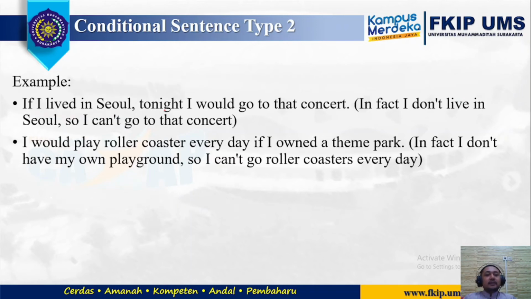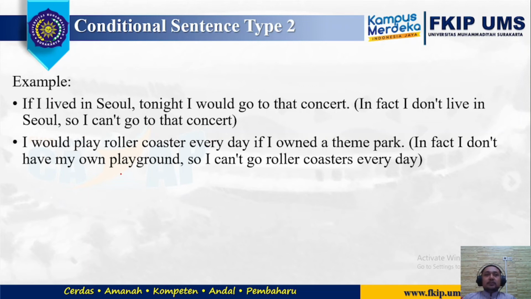Here is the example: if I lived in Seoul, tonight I would go to that concert. Can you imagine the situation here? Yes, I do not live in Seoul. That's the reality. And tonight, of course, it's impossible for me to go to that concert. Another example is: I would ride the roller coaster every day if I owned a theme park.